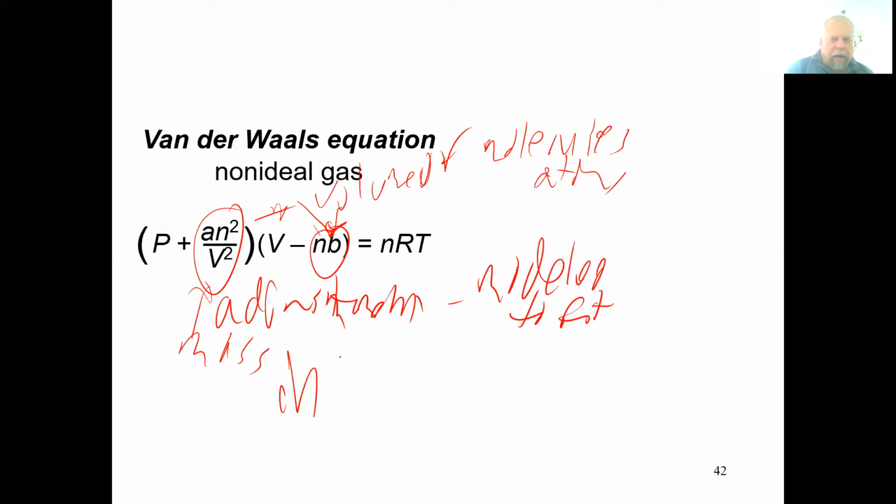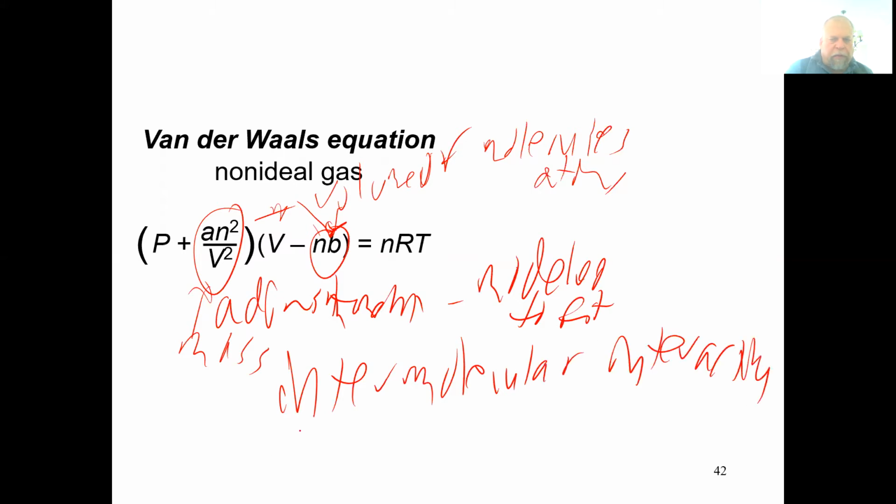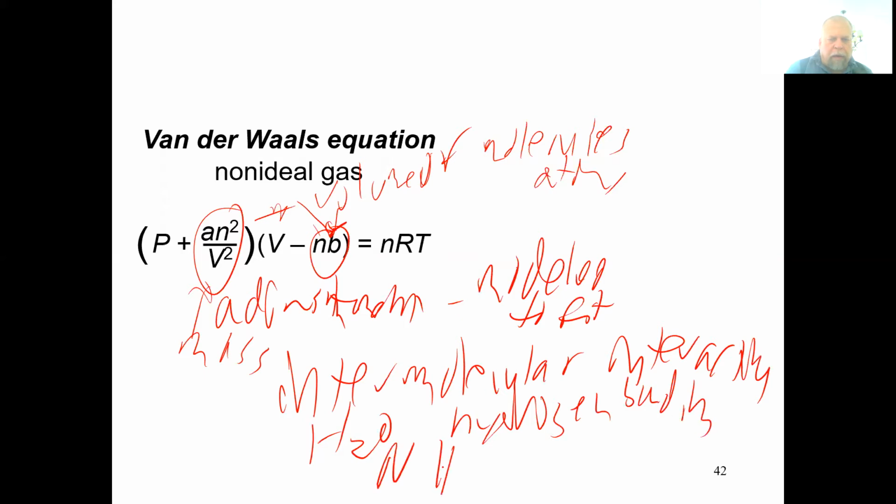You also got intermolecular interactions. So if you have a gas like H2O, you'll get hydrogen bonding. Okay, and with ammonia, you'll also get that.